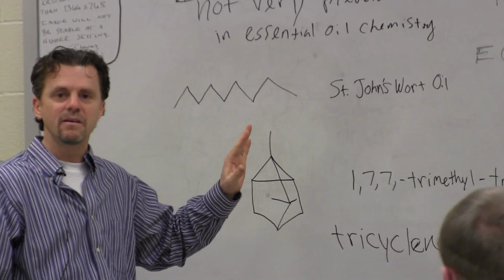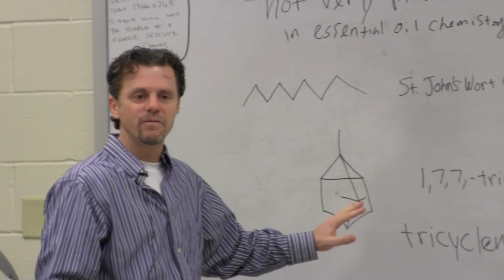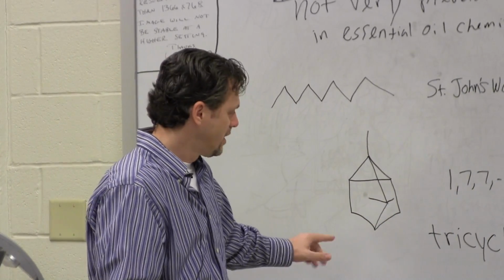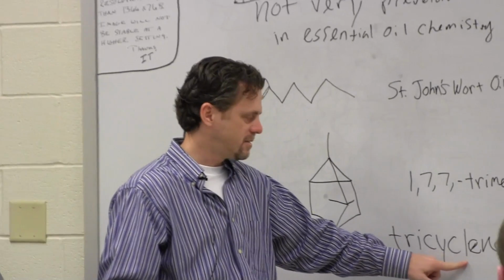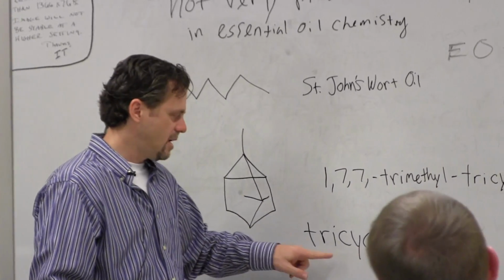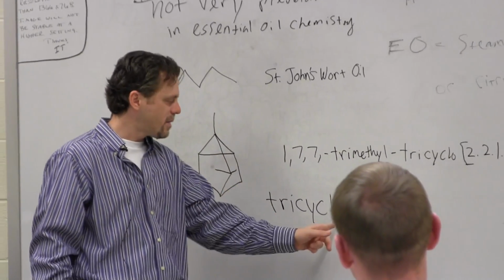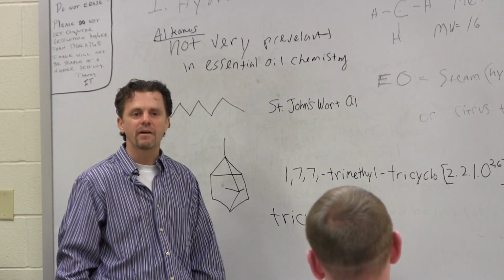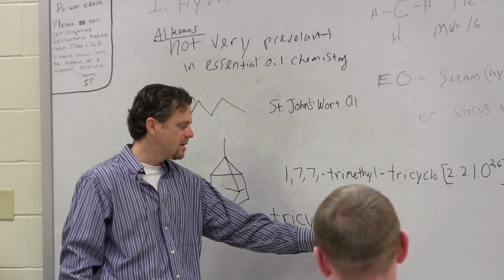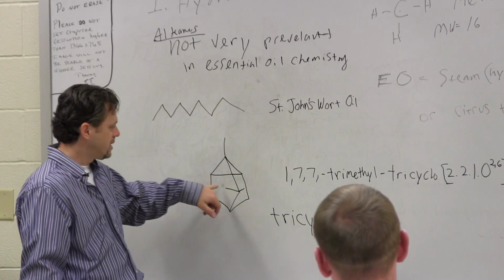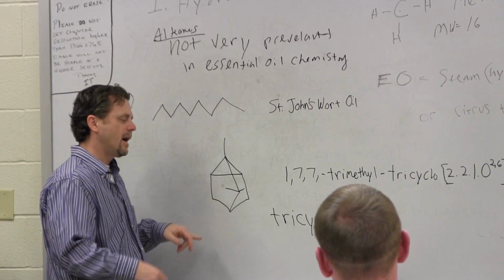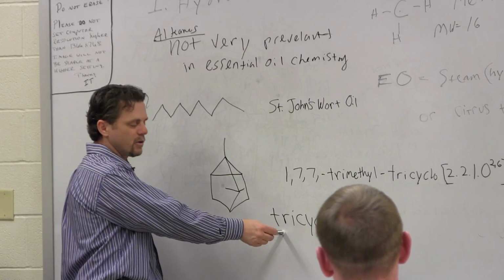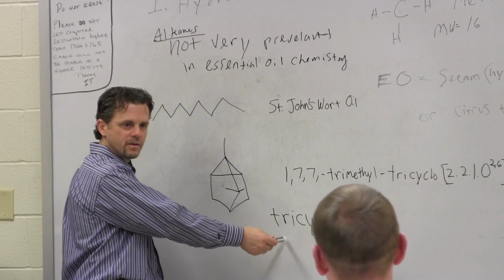But occasionally, you get these kind of confusing things. If you looked at this and you didn't know its structure, you would automatically assume it was a what? You would assume it was an alkene because it ends in ene. But it's actually not. And I believe this name goes back more than 100 years.